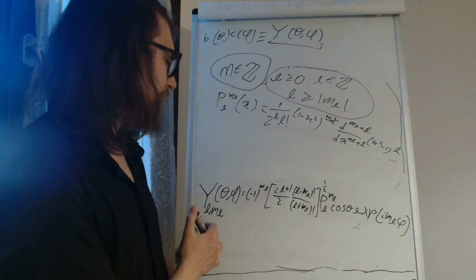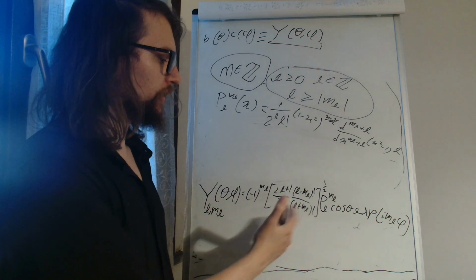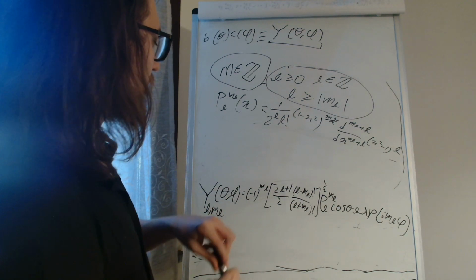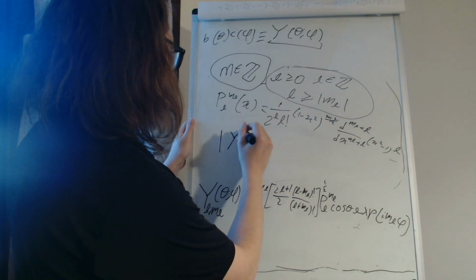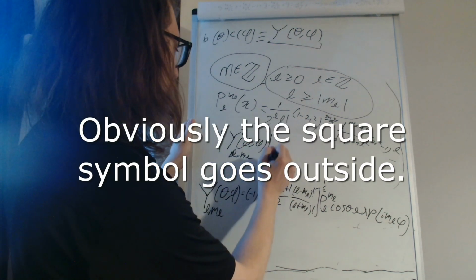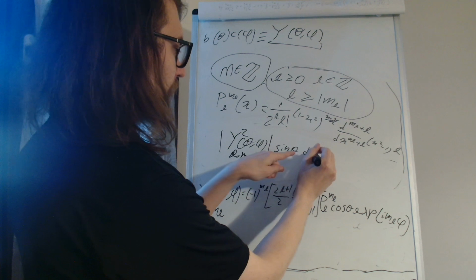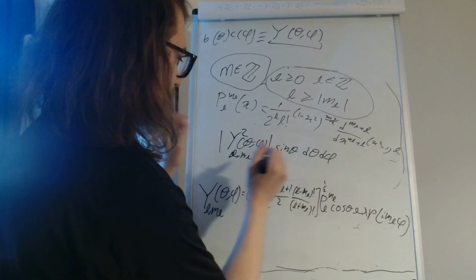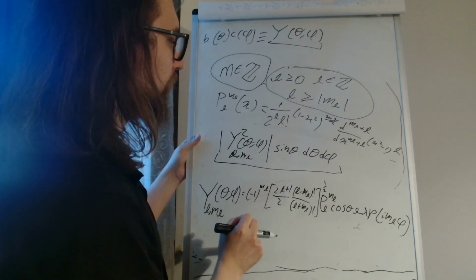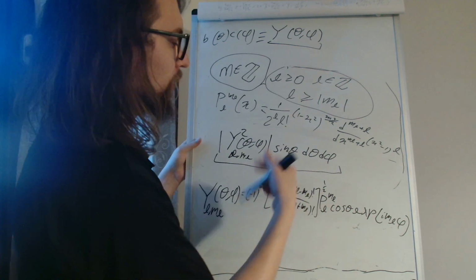So this is our expression for the angular part, and these functions are called spherical harmonics, and the modulus squared of this function of theta and phi and ml times the solid angle, sine of theta d theta d phi, this is the probability to find the particle in the solid angle defined by d theta and d phi.